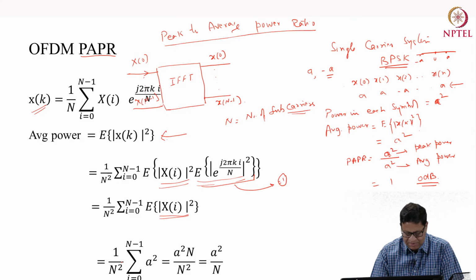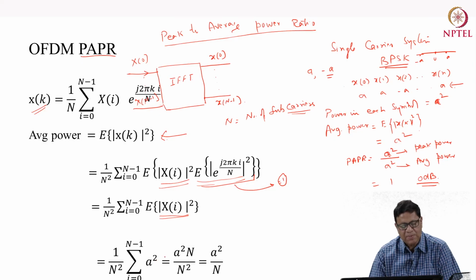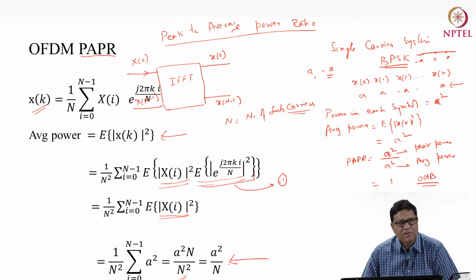So this will give me 1 by n square summation A square, and doing the summation for all the subcarriers will give you A square plus A square plus A square, n times. So the total is A square into n divided by n square, which is nothing but A square by n. So this is the average power, which is given by A square by n.